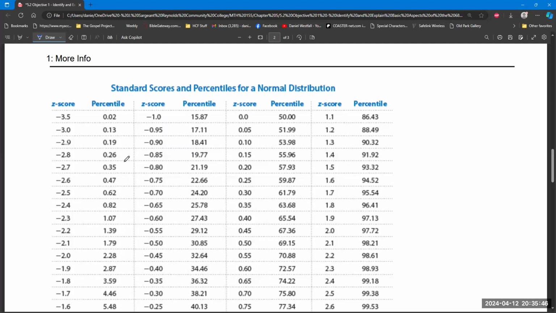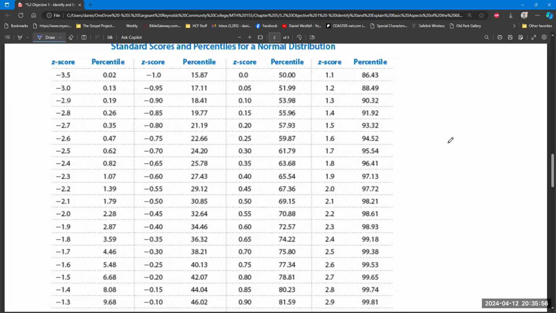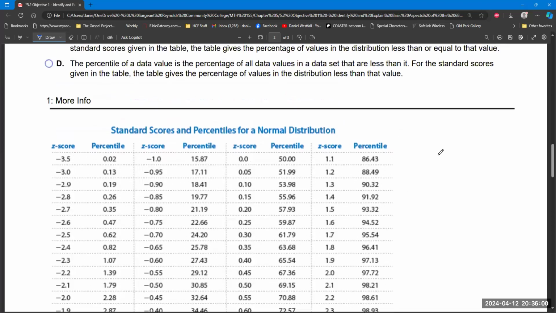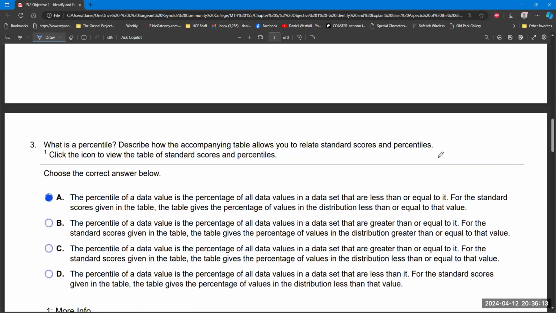Just make sure that you know for sure that the table you're looking at does show the area that's to the left, because there are different tables that are written different ways. Tables that we're going to use in this class for z values are going to be talking about area or relative frequency or probability that's to the left of the z-score.